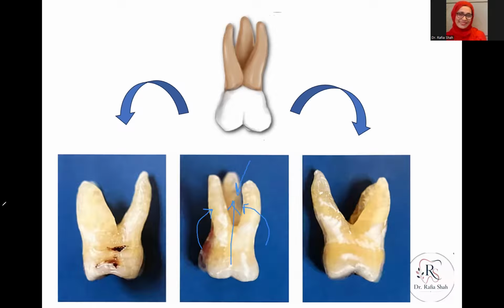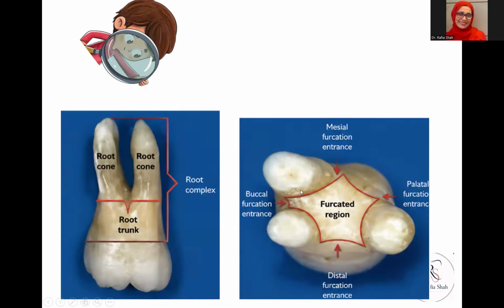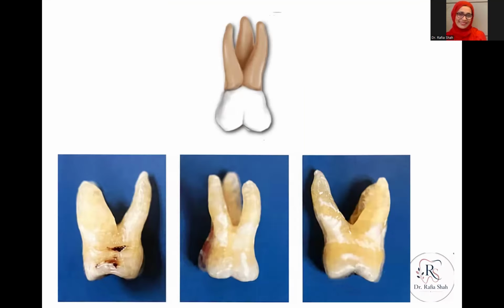As we said in the image before, when we were looking from the top, as in this image, this multi-rooted molar has a mesial furcation entrance, distal furcation entrance, buccal furcation entrance, and palatal furcation entrance. So we can enter into the furcation from 4 different points and it has 4 different furcation regions.